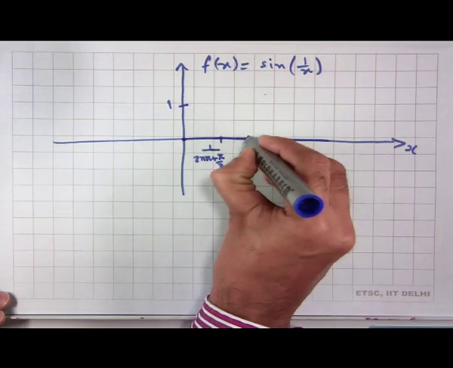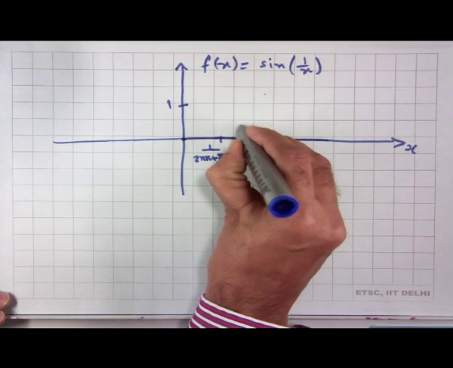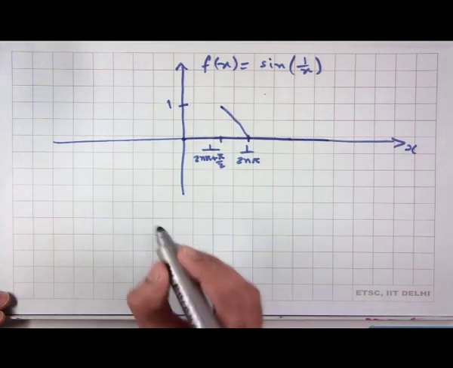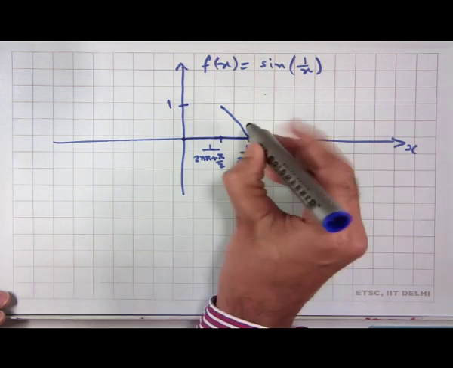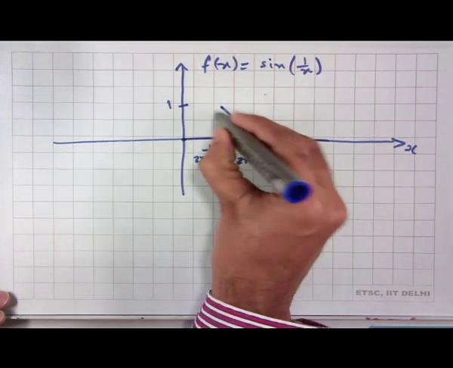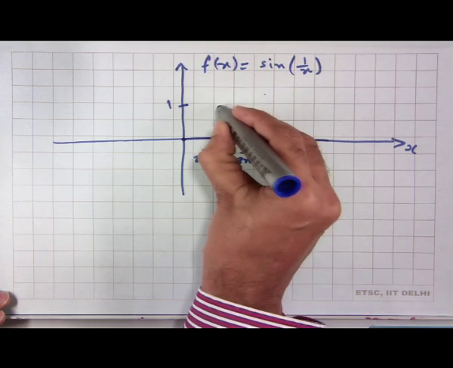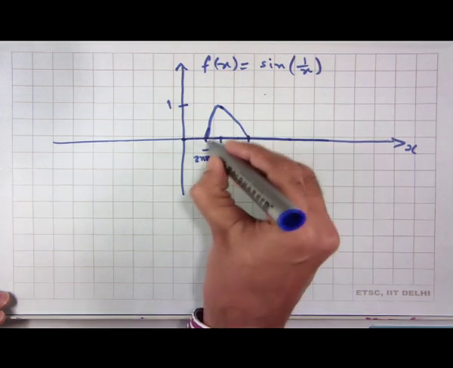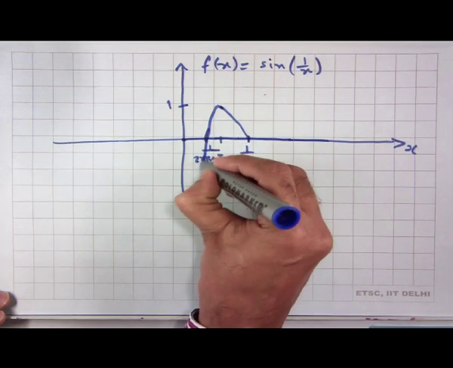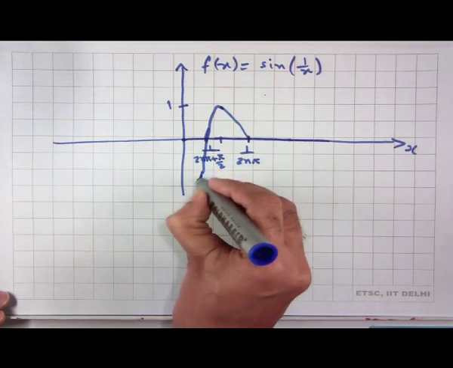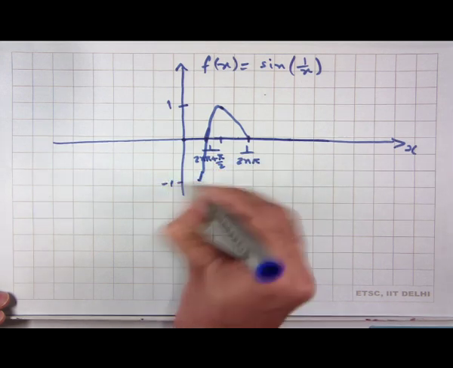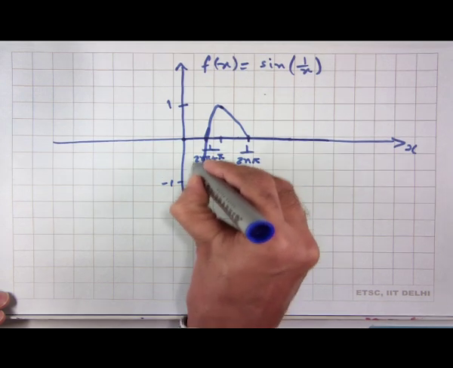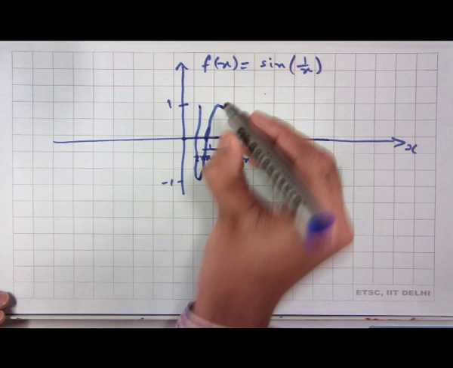So, this takes all the values from 0 to 1, and then again at 1 by 2n pi plus pi, it becomes 0 again, and then it goes to minus 1, then it again goes to 1.